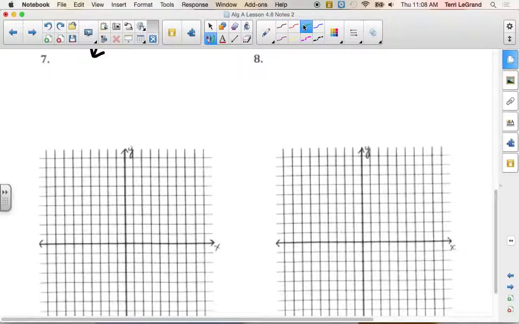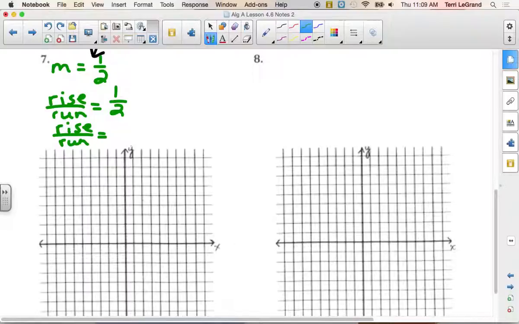So our slope was 1/2, which means rise over run. We leave it just like that, 1/2. Or we can make them both negative. So up and right, down and left. We got 9 for b, am I right?